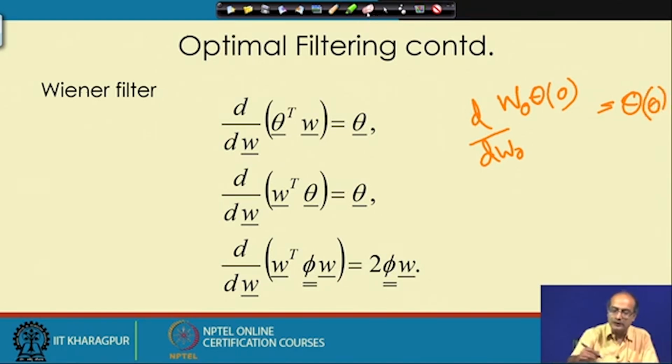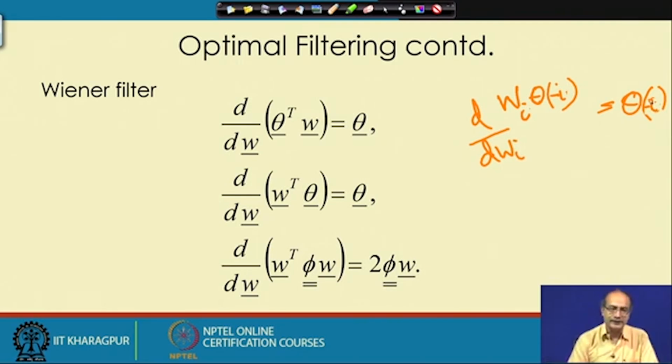Or let us take it in a more general way: for each of these terms, say we have theta i here, so the derivative gives theta i.